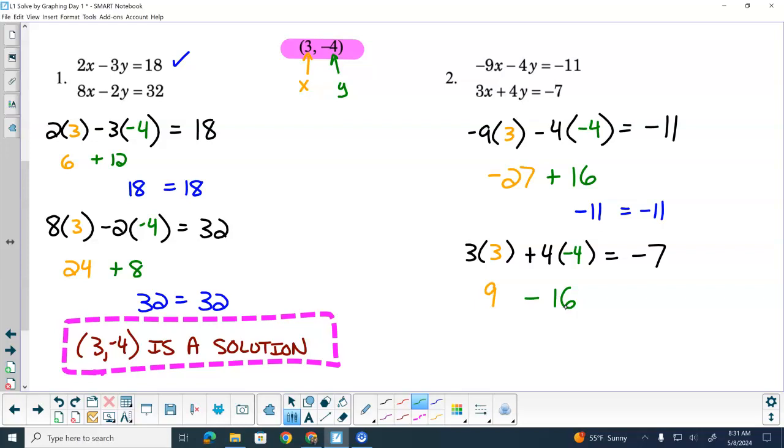You gave me 9 minus 2. I know. I get it. I mean, they're pretty far away. 9 minus 16 should be negative 7. Right? Verify it for me. You said positive 7, which is different than negative 7, right? Okay, yep. So negative 7. Is negative 7 equal to negative 7? Solution, not a solution. Solution. Yep, we got a solution again here.